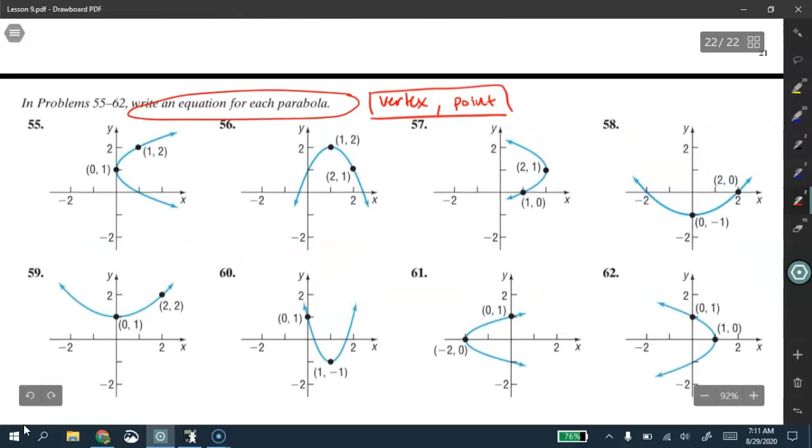So here you have the graph already, so you already know which way it opens. So you need to spend some time figuring out what's the value of a, right? And the value of a can be found by solving the equation. Work backwards in the equation as you saw in the notes, and you'll be fine with these questions.